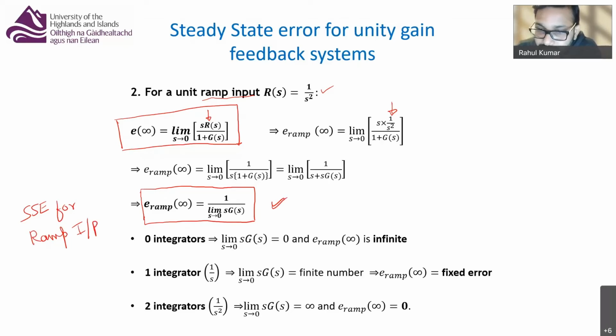Now if you have zero integrators, that means no free s term in g of s, in that case for this value, limit s tending to 0 of s g of s, you could easily observe that whatever the value of g of s, if you put s equals to 0, this entire factor will become 0.